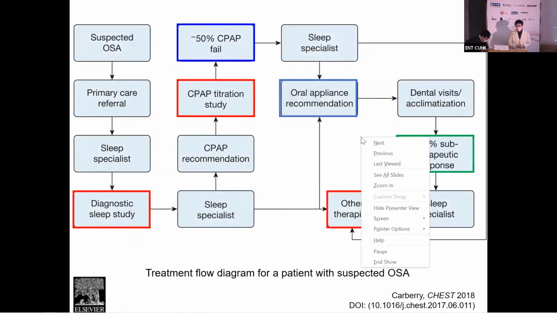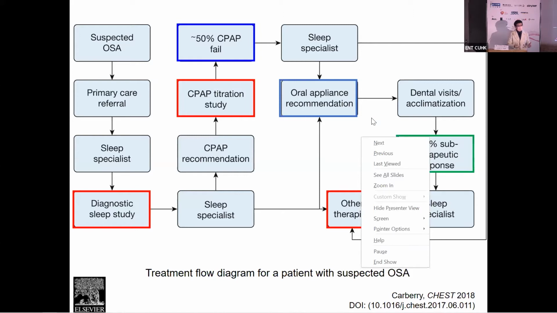This flow diagram shows the current problematic approach we use in real life. If we follow a patient journey, a patient with suspected OSA may present to a doctor, and we send them for a sleep study to confirm whether there is any apnea or hypopnea, and then we diagnose sleep apnea.